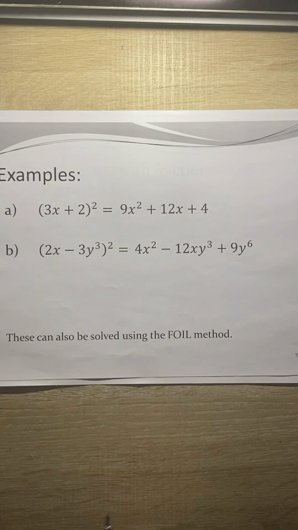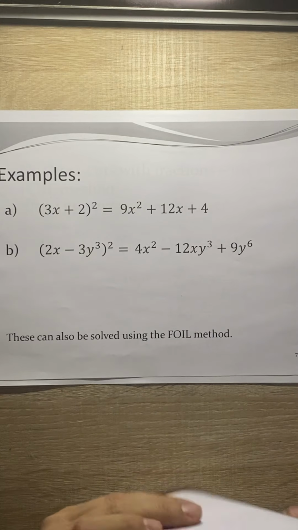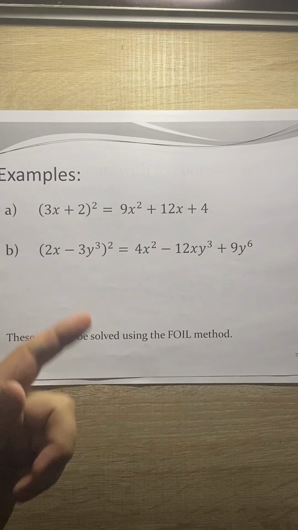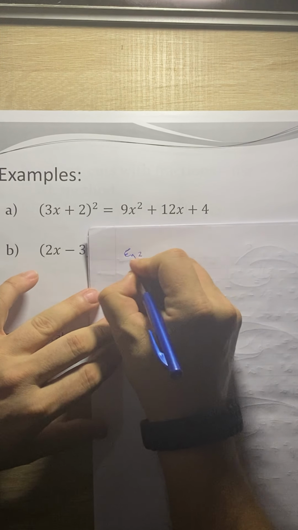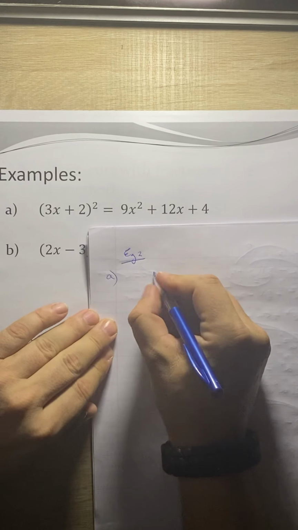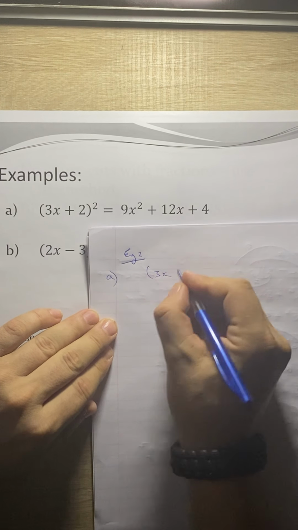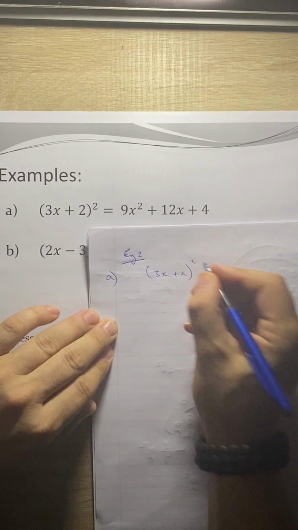So again, I'm just going to go through these examples with you. And as you can see, you can use the FOIL method for these, okay? You'll get exactly the same answer. So example 2a, we've got (3x + 2) squared.